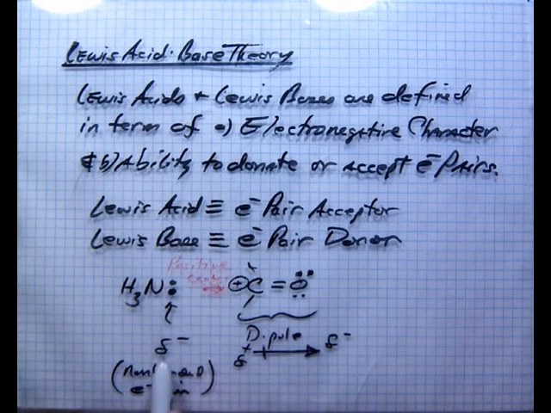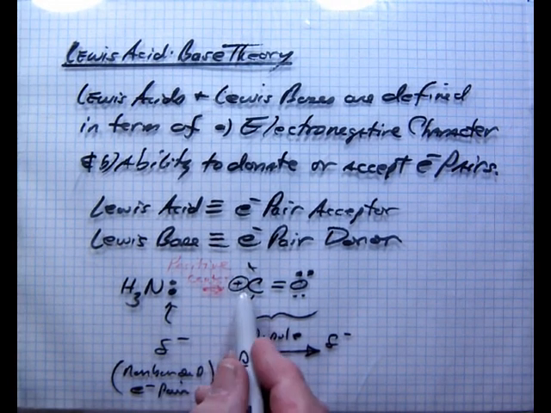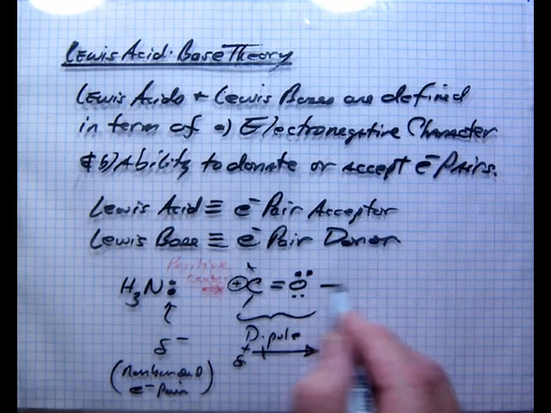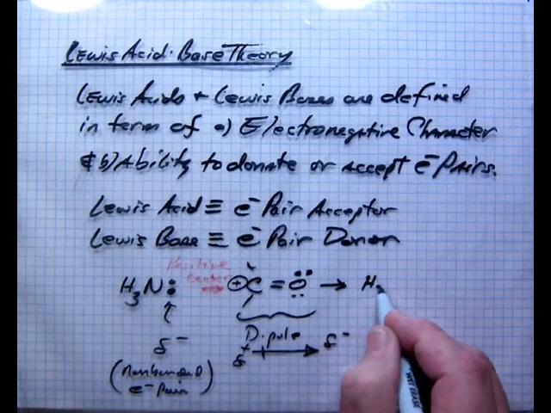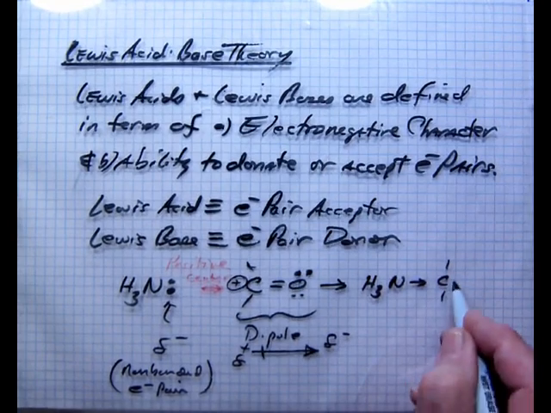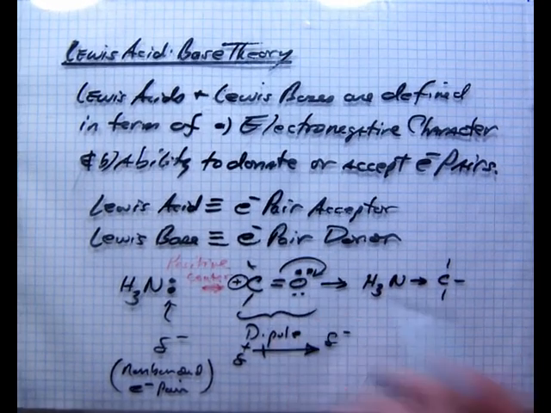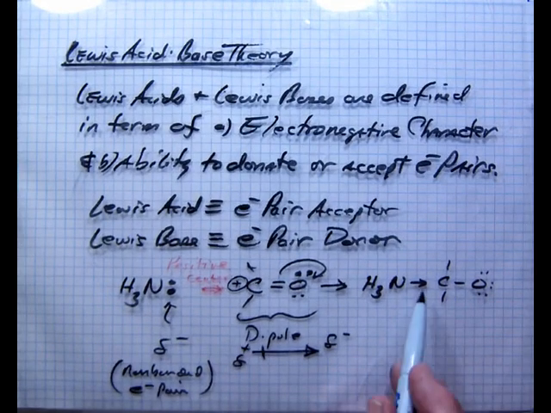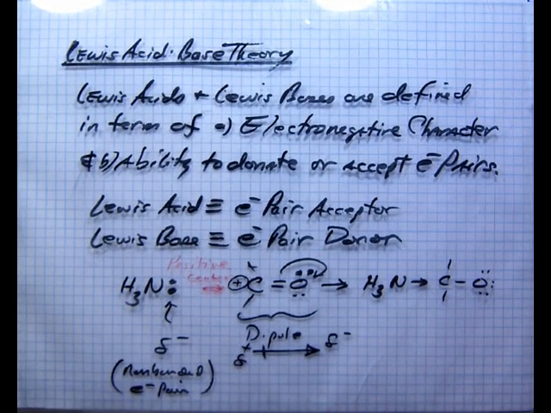And so the negative center will be attracted to the positive center, and a coordinate covalent bond will result. Actually, a pair of electrons will jump out. That's not important to you right now. And it will form a bond right there.